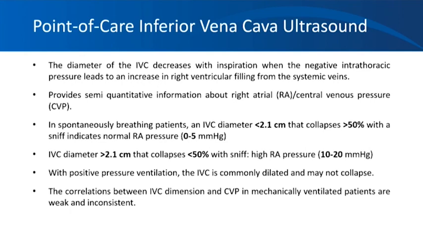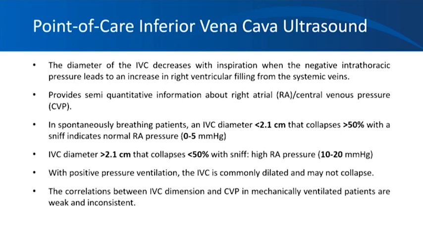In spontaneously breathing patients, an IVC diameter of less than 2.1 centimeters that collapses more than 50% with a sniff indicates normal right atrial pressure. That is about 0 to 5 millimeters of mercury. And if the inferior vena cava diameter is more than 2.1 centimeters and collapses less than 50% with a sniff, then the patient is assumed to have high right atrial pressure.